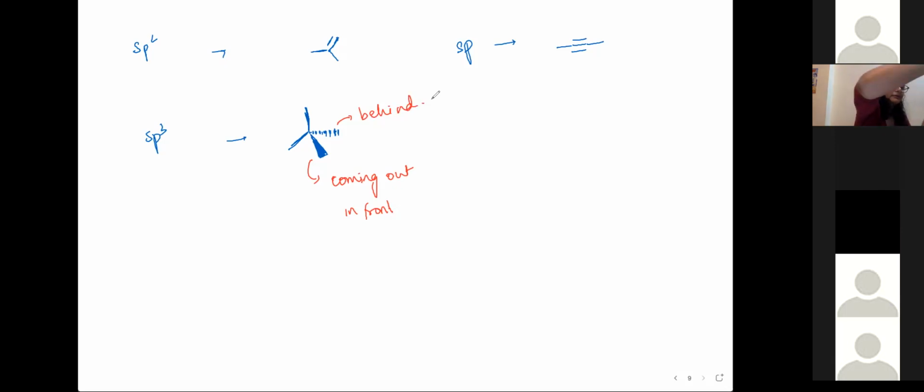Let's say these are the 4 bonds. These two are in the same plane as the page. Then number 3 and number 4, one will have to be forward and one is behind. The one at the back is represented by dashed notation, and the one in front is represented by a solid wedge.